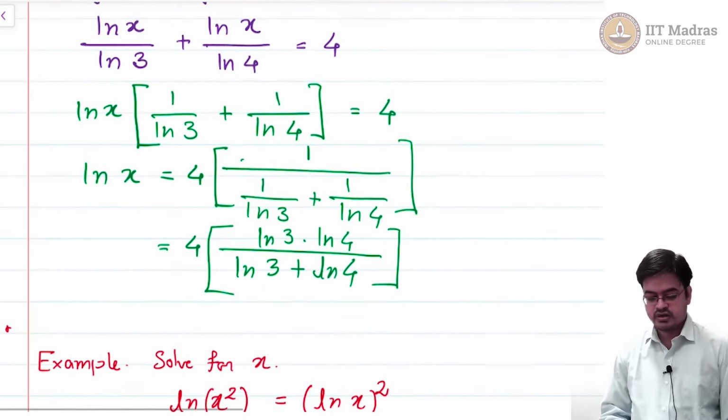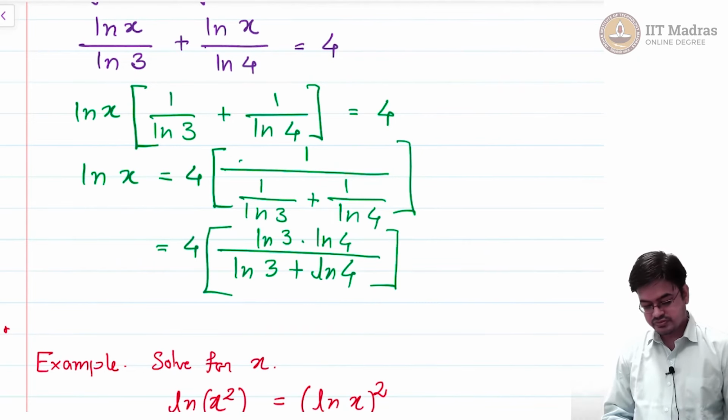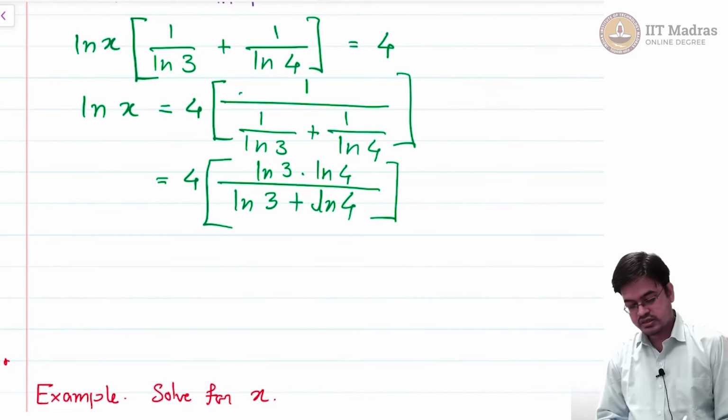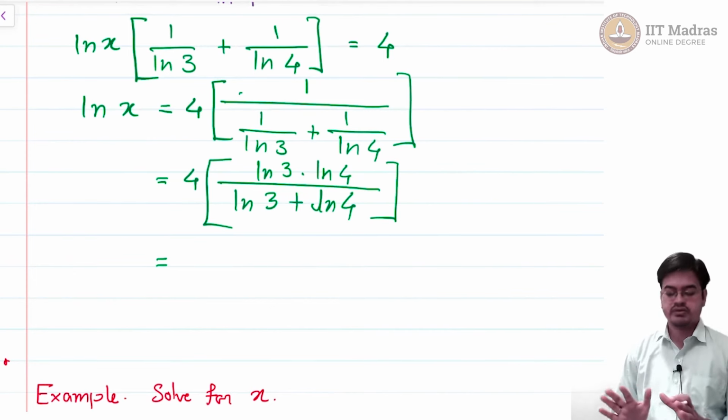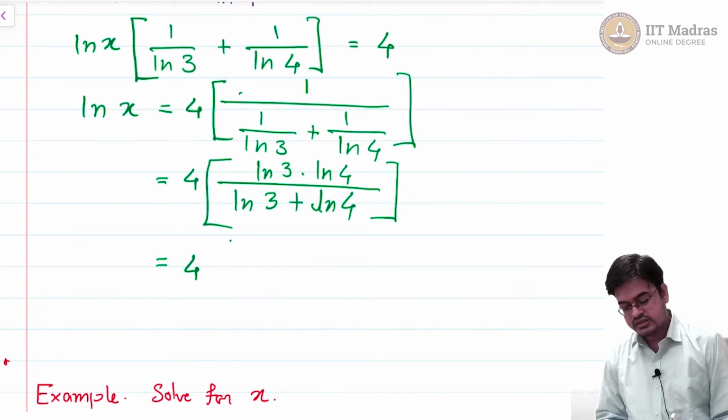Okay, fine. Then I need to do something, which is, let us say, I will do it in this fashion. Ln of 3 into ln of 4 cannot be combined into anything. They will remain as it is. But what can be done is, this is ln of 3 into ln of 4 upon ln of 12.